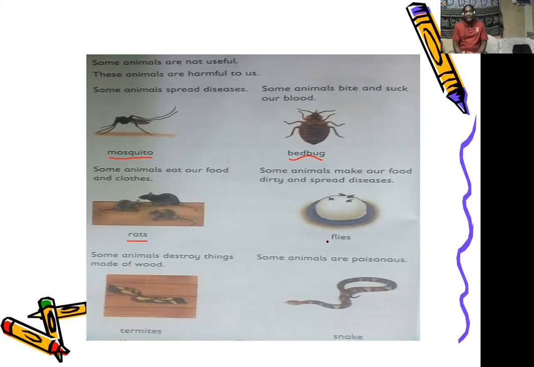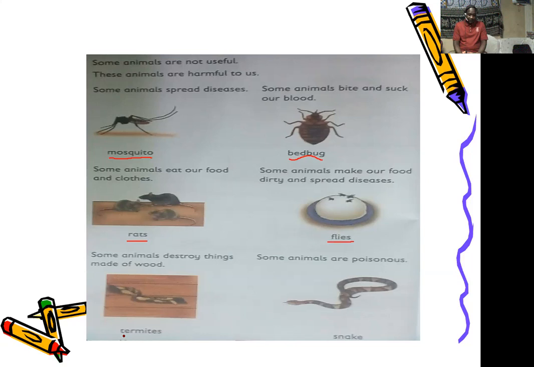We have flies. They come from toilets, from dirty places where rubbish is thrown, they land on our food. They vomit on our food, you eat the food, you become sick, you start diarrhea, you start vomiting. A very harmful animal.